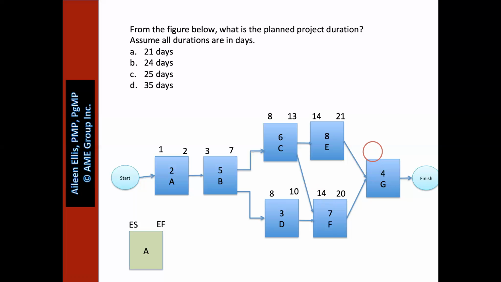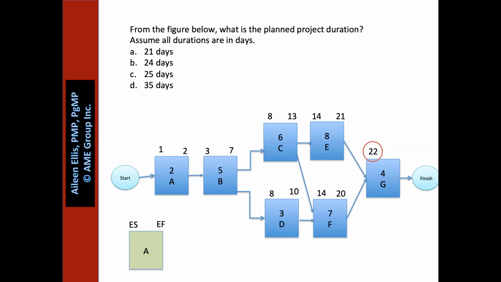For G to start, both E and F need to be finished. E will be finished on day 21, F on day 20. So when will they both be finished? They will both be finished the evening of day 21, and therefore G can start the morning of day 22.